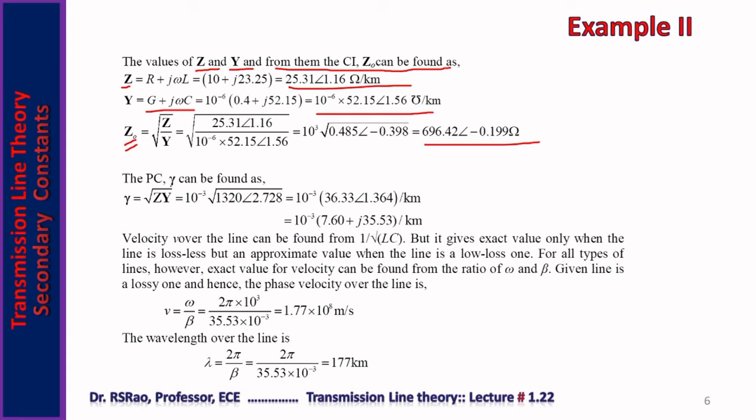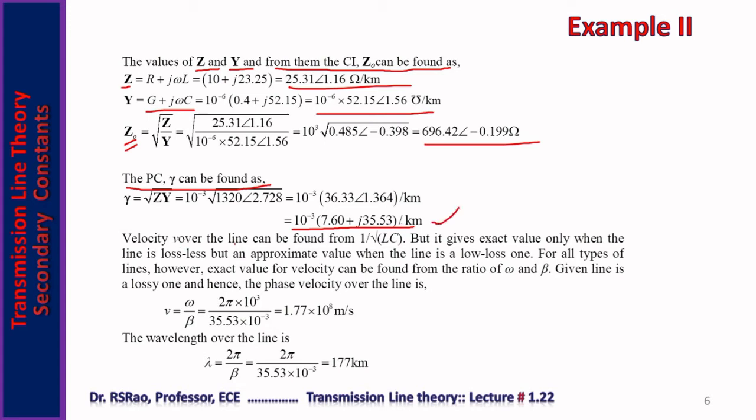The propagation constant can be found as gamma equal to root ZY. So Z is known, Y is known, ZY can be computed and put in rectangular form as 10 power minus 3 multiplied by 7.60 plus j 35.53 per kilometer.